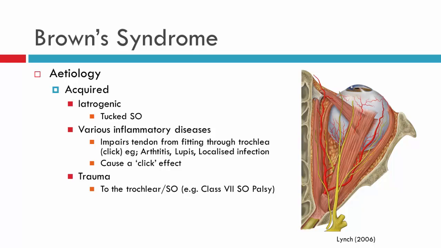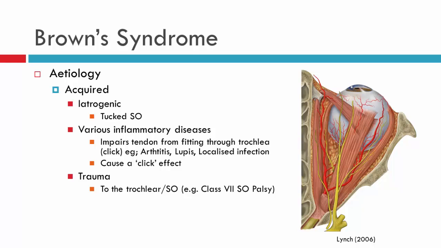So be aware that in some instances, if it is inflammation, on repeated testing you could see limitation, and all of a sudden you could see it move normally. This is usually due to a nodule that was not able to get through the trochlea, and then with repeated movement it's gone through, and we're seeing increased elevation.